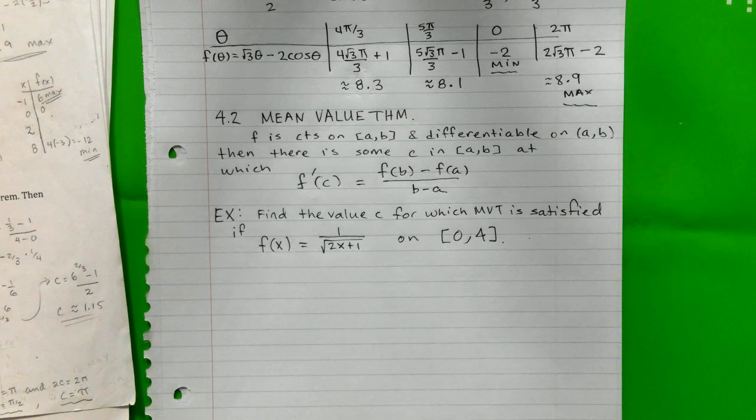Maybe take the derivative by writing it as a quantity to the negative 1/2 power, and then just use the power rule. See if you can find that number c at which f prime at c is equal to f of b minus f of a divided by b minus a. It's a goofy number. It's not going to be a nice integer value. So I'm going to test your algebraic skills.